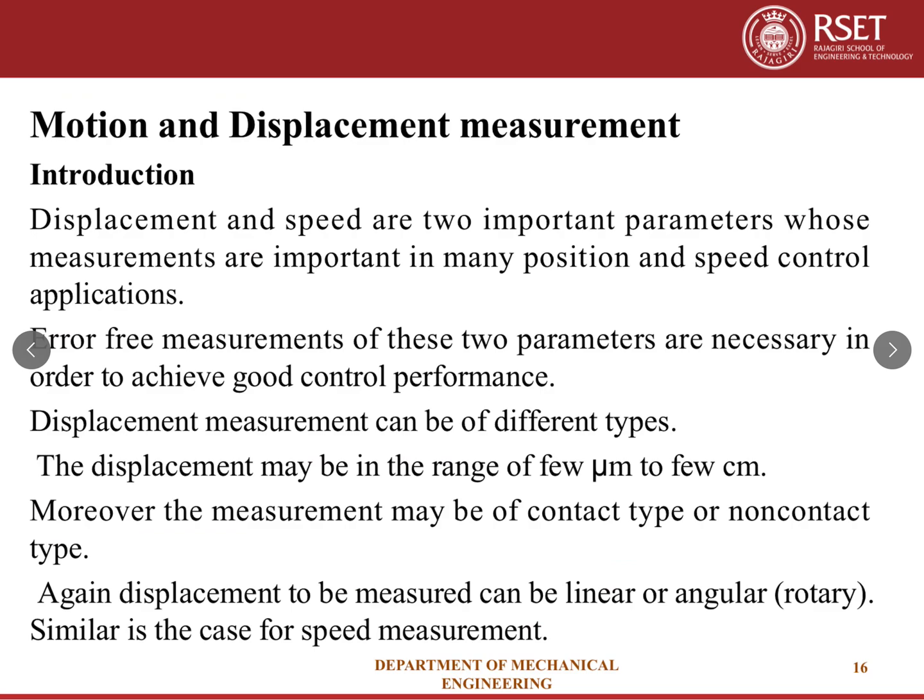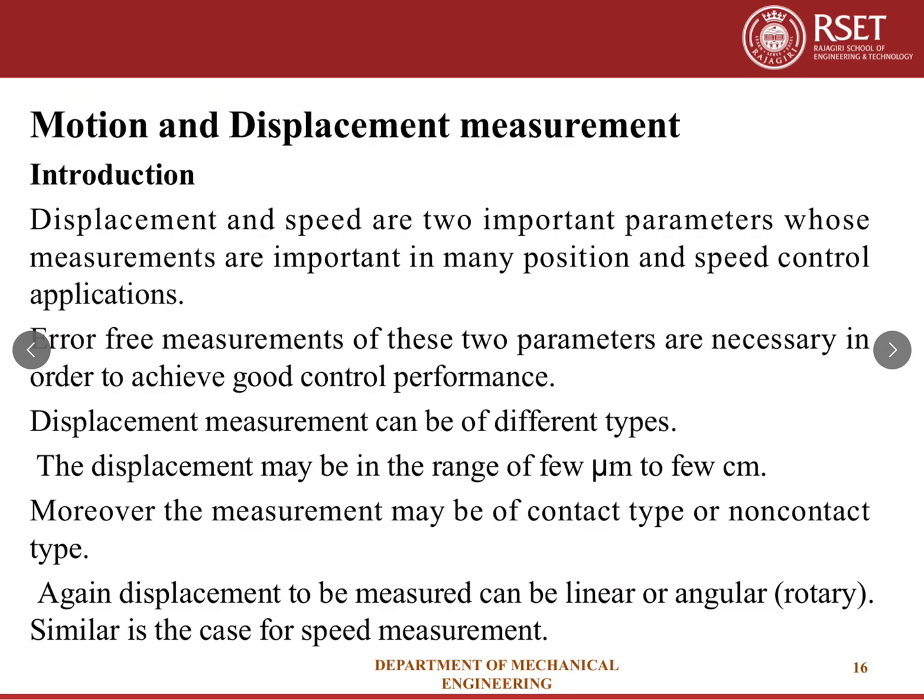Now we are moving to motion and displacement measurement. First we will have an introduction about the importance of measurement of motion and displacement. Then we will discuss methods of measuring displacement or motion. In the introduction, displacement and speed are two important parameters whose measurement is important in many position and speed control applications.